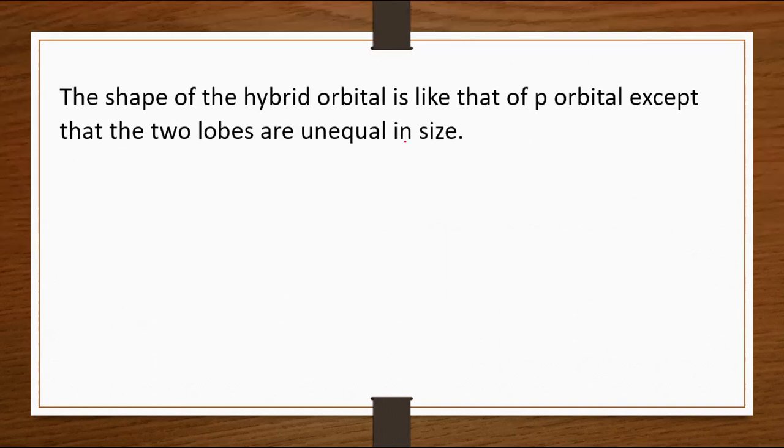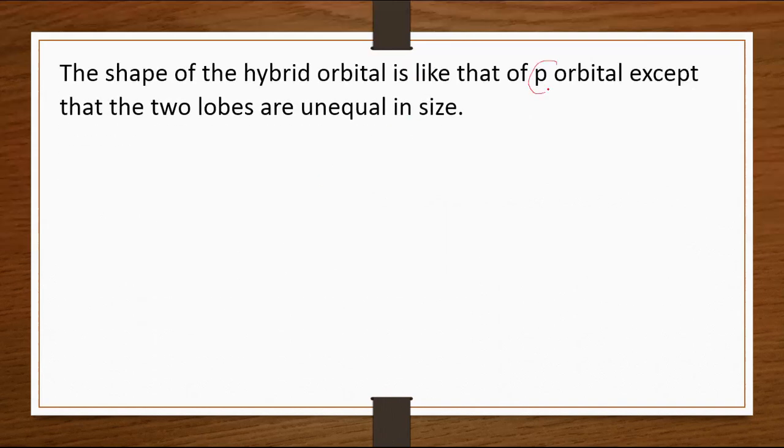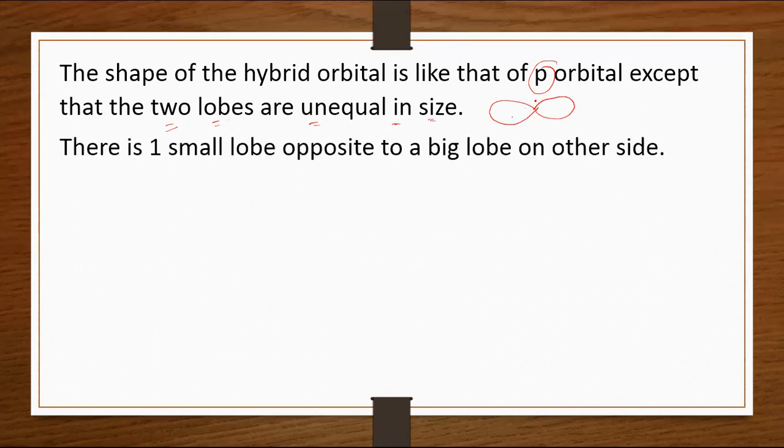The shape of a hybrid orbital is like that of the p orbital, except that the two lobes are unequal in size. Normally, we observe that the p orbital has identical lobes, but in the case of a hybrid orbital, one lobe is small, opposite to the big lobe on the other side.